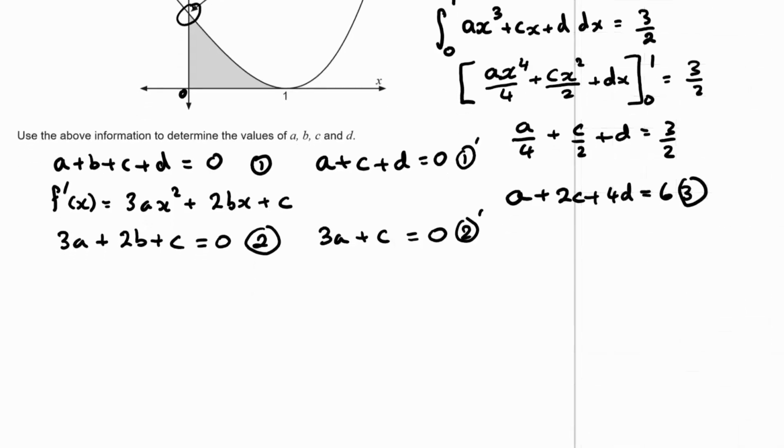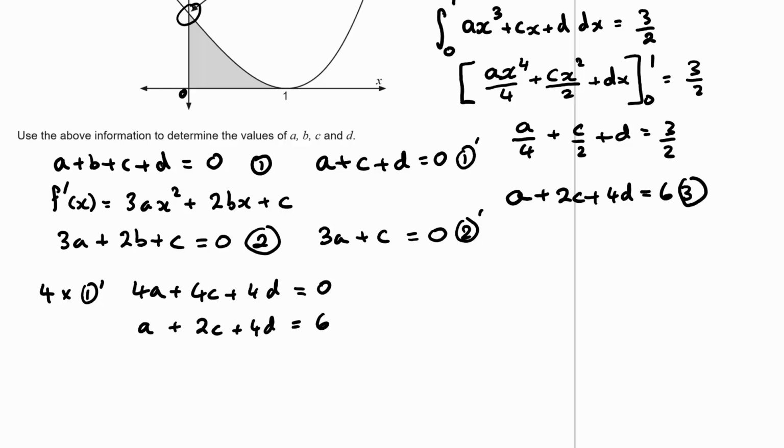So if I do 4 times equation 1 dashed, that gives me 4a + 4c + 4d = 0. And 3 is a + 2c + 4d = 6.